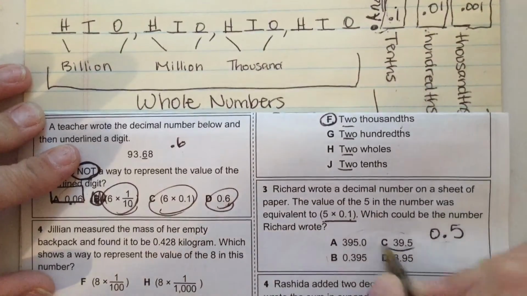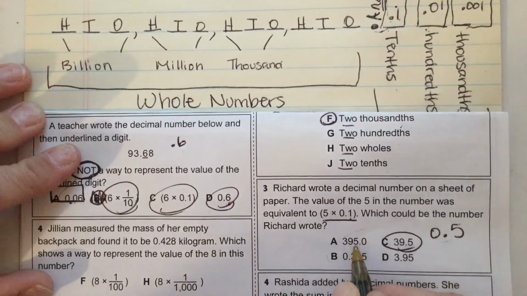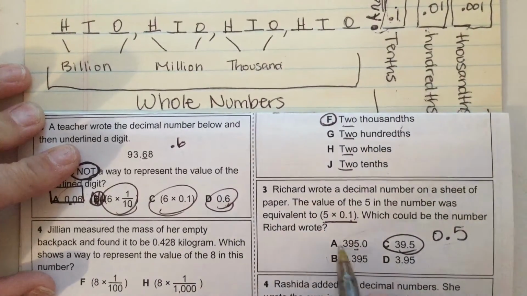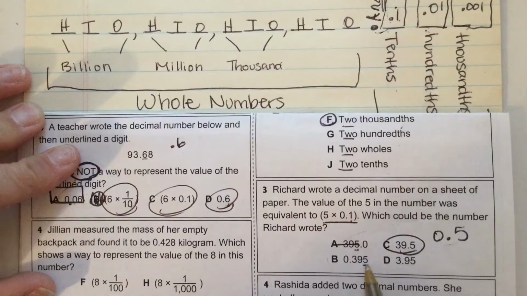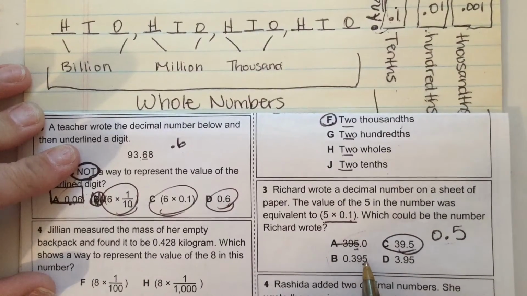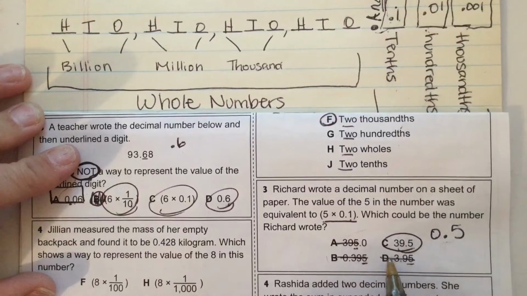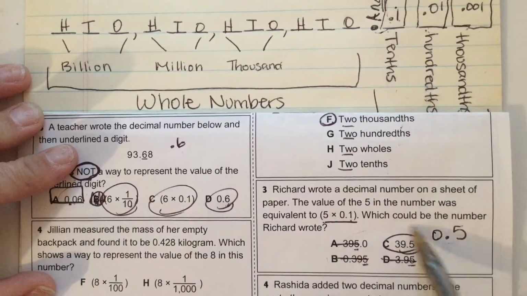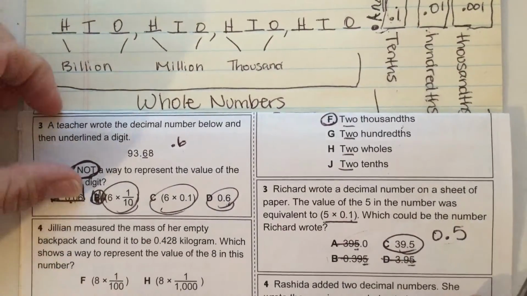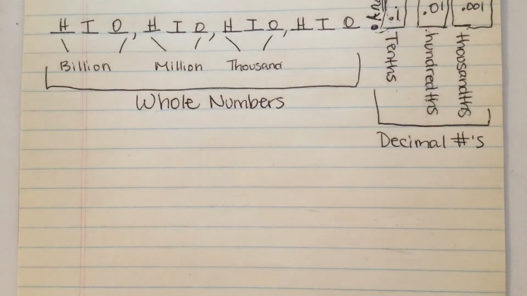Okay, you should have said C. This 5 is in the ones place. This 5 is in the thousandths place. This 5 is in the hundredths place. The only one that has a 5 in the tenths place is C.